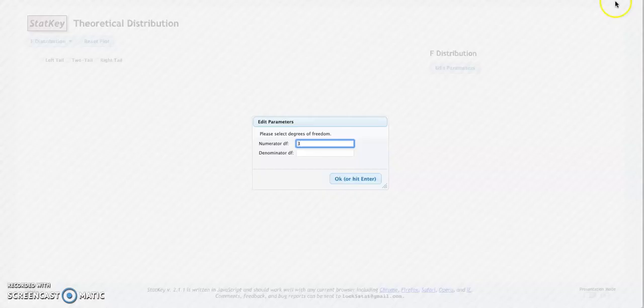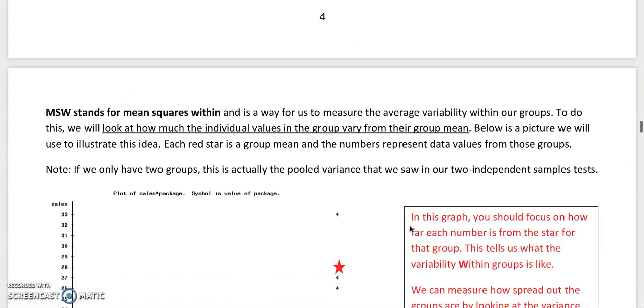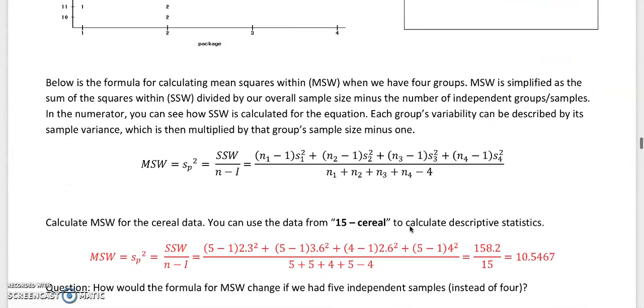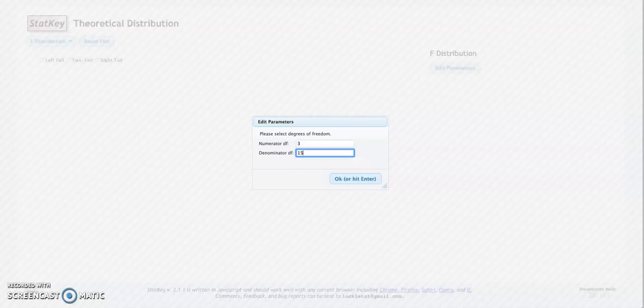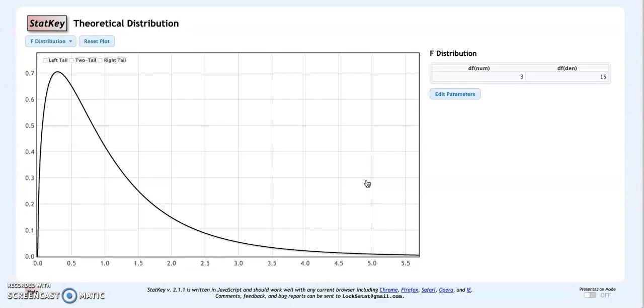All right? And then the denominator degrees of freedom is that part that's on the bottom of the mean squares within formula, n minus I. In this case, that's 19 minus 4. So I'm going to have 15 for my degrees of freedom. And that's what my distribution looks like.